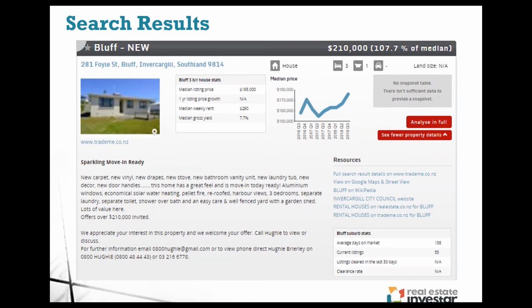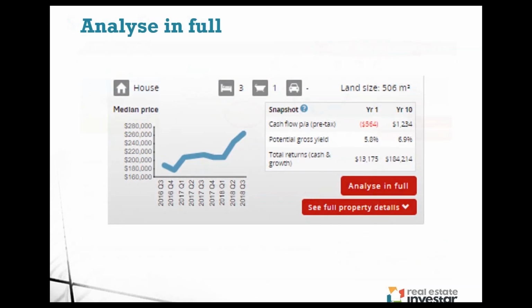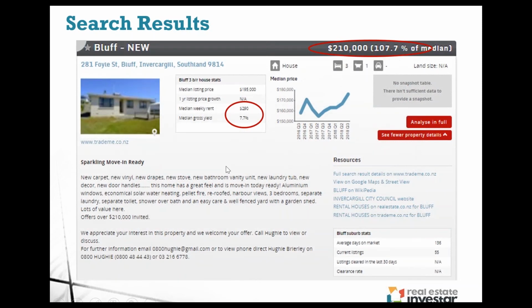And look, you'll get to see, unless they are taken from a very large angle far away, the condition of whatever those renovations are too. Okay, we talked about the median and so on, and also the median weekly rent for the area for this particular dwelling. So I'll go back to that quickly too. It's important to remember this is the median for a 3-bedroom house in Bluff, not just a house.